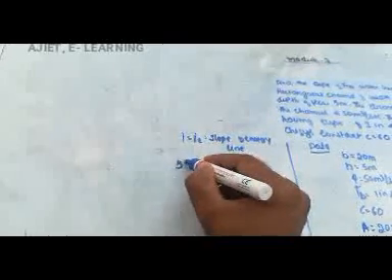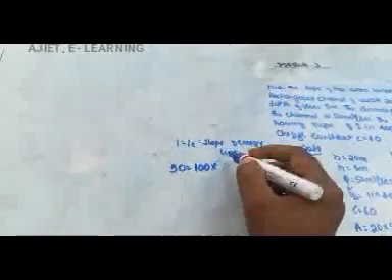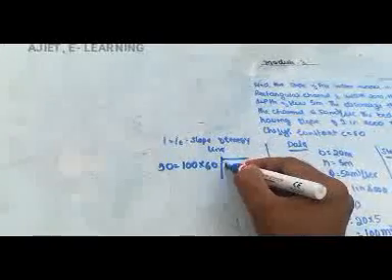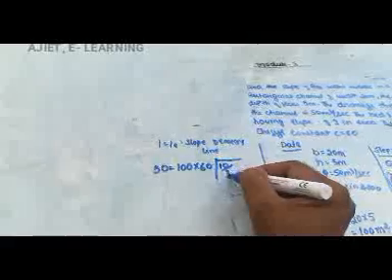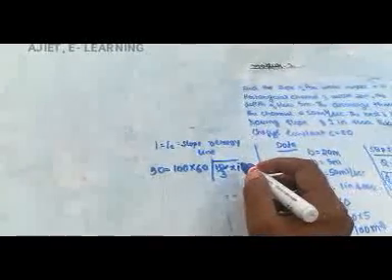So using the formula, we know Q is equal to 50 and area 100, and C is equal to 60, and M value 10 divided by 3 into IE.